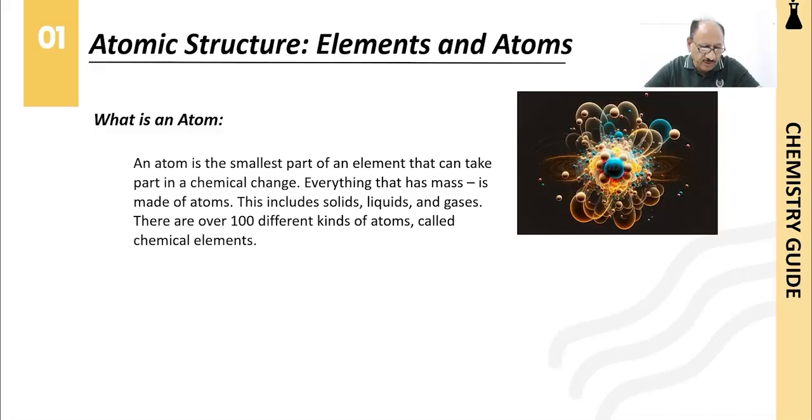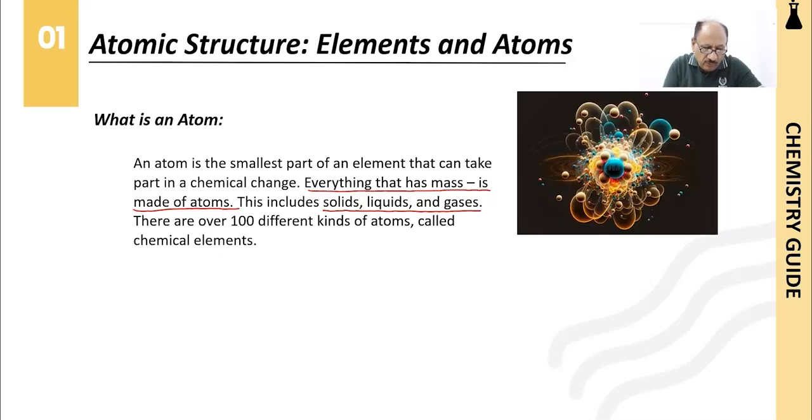If we define an atom, it is the smallest part of an element that can take part in chemical change. Everything that has mass is made up of atoms, and this includes everything, like solids, liquids, and gases, living, non-living, everything.